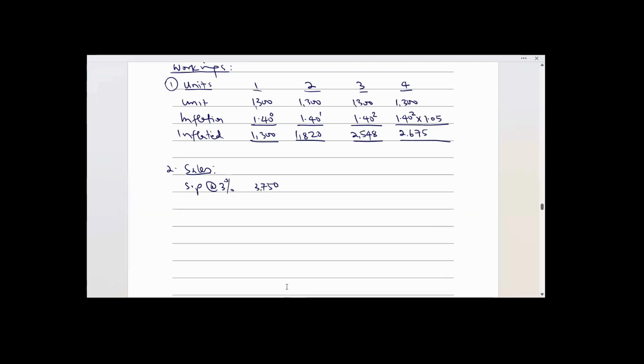The first year price is 3,750. Therefore, I will bring out my calculator: 3,750 multiplied by 1.03 equals 3,863.